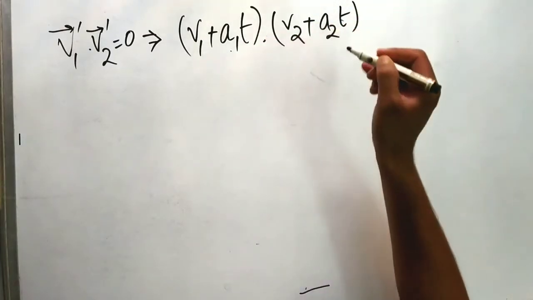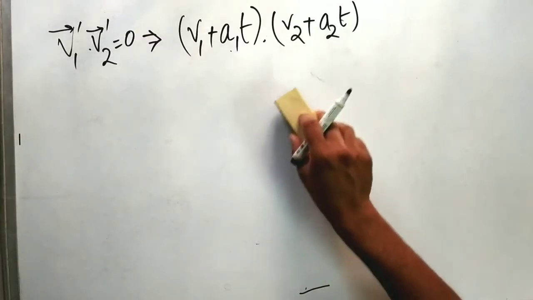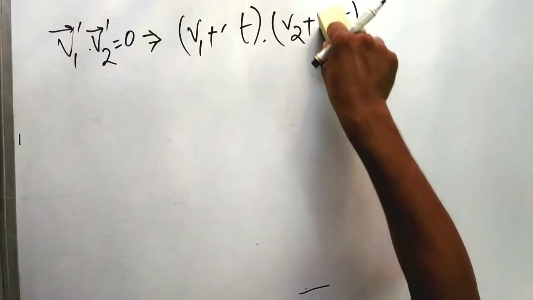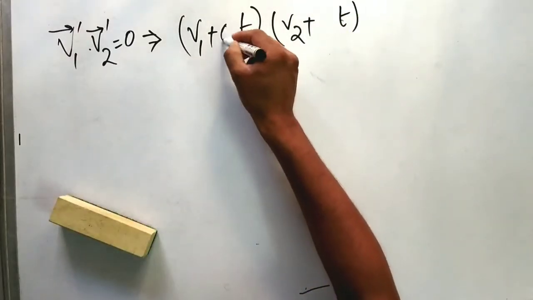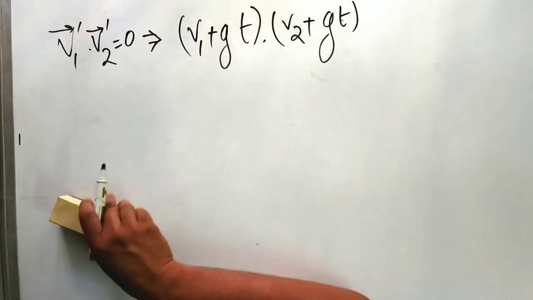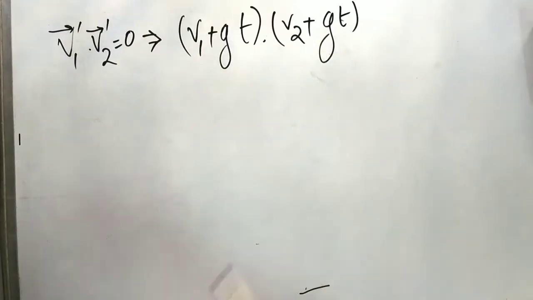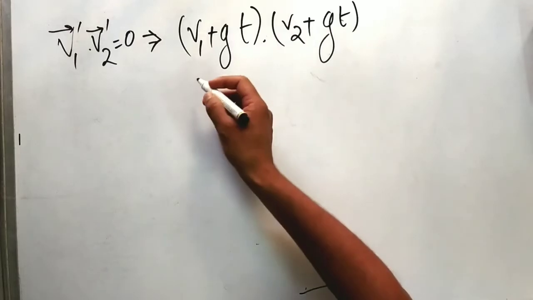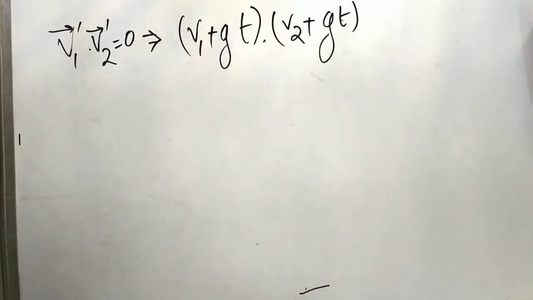Both of these, a1 and a2, are equal to g, because the acceleration due to gravity is the only acceleration acting on these bodies. v1 and v2 were the initial velocities, the value of which we already know.